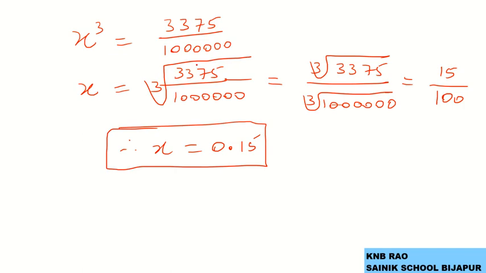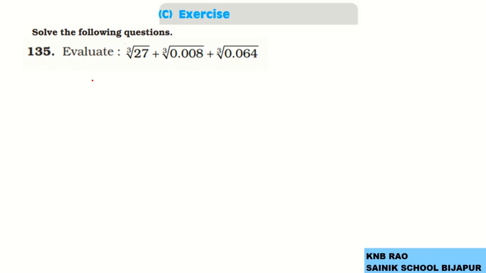So next, coming to question number 135, it is the cube root of 27 added to the cube root of 0.008 added to the cube root of 0.064.